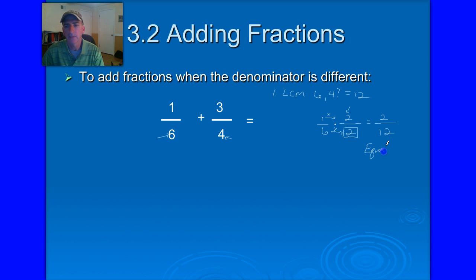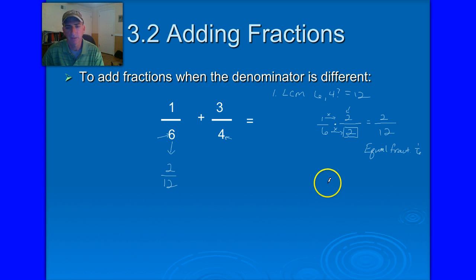I like to call them equal fractions. That's an equal fraction to 1/6. So essentially, what I'm going to do with that 1/6 is rewrite it as 2/12. Now, I tried to give you a lot of space on your slide there. I encourage you to write all this stuff out just like I am. I think it'll pay off for you.